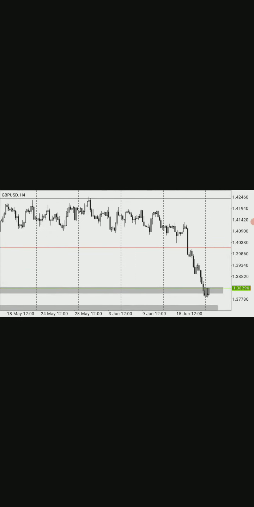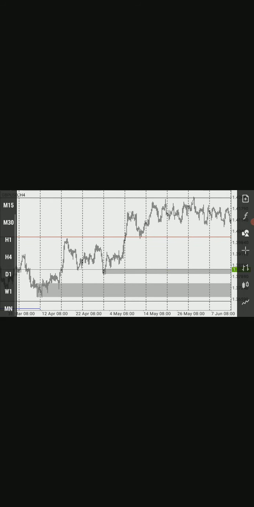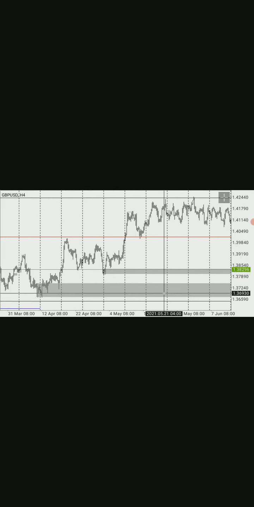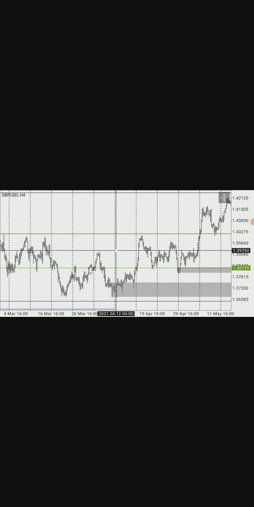All right, or it might just continue being sideways, then just fall off to this particular area that we marked, taking out these equal lows that we can see right here. So this is actually the main target.